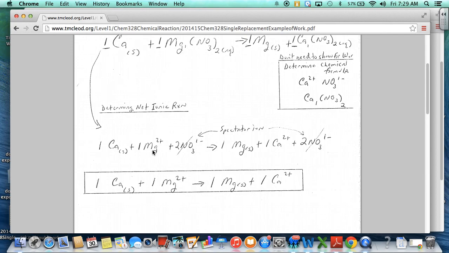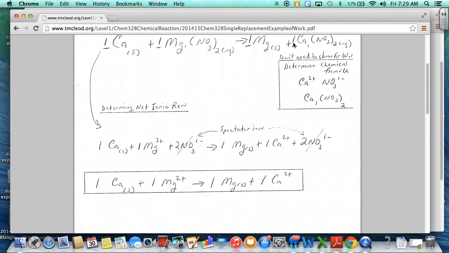It is full of magnesium ions and nitrate ions. In one magnesium nitrate compound, there's one magnesium ion, and since there's only one of them, that's why there's a one here. But in this one compound here, there are two nitrate ions, so there are two nitrate ions.